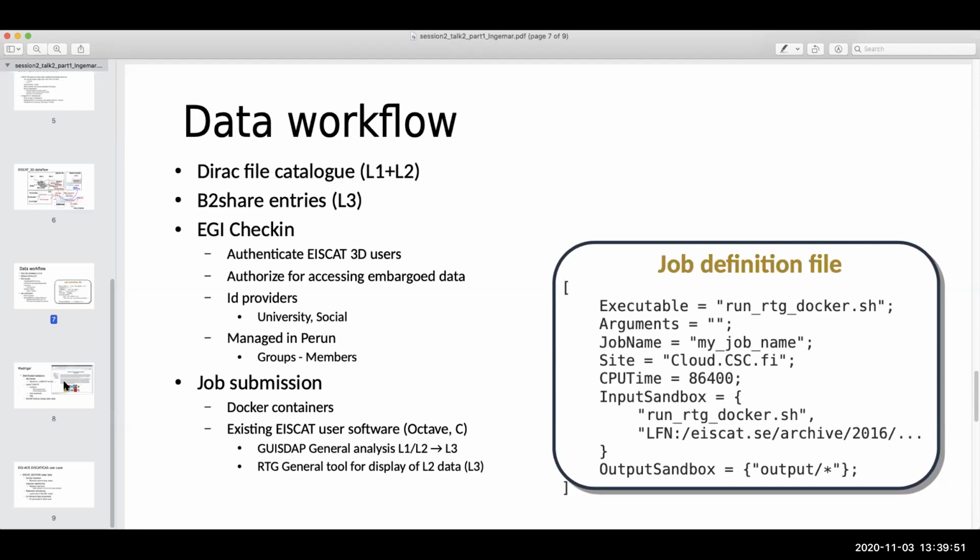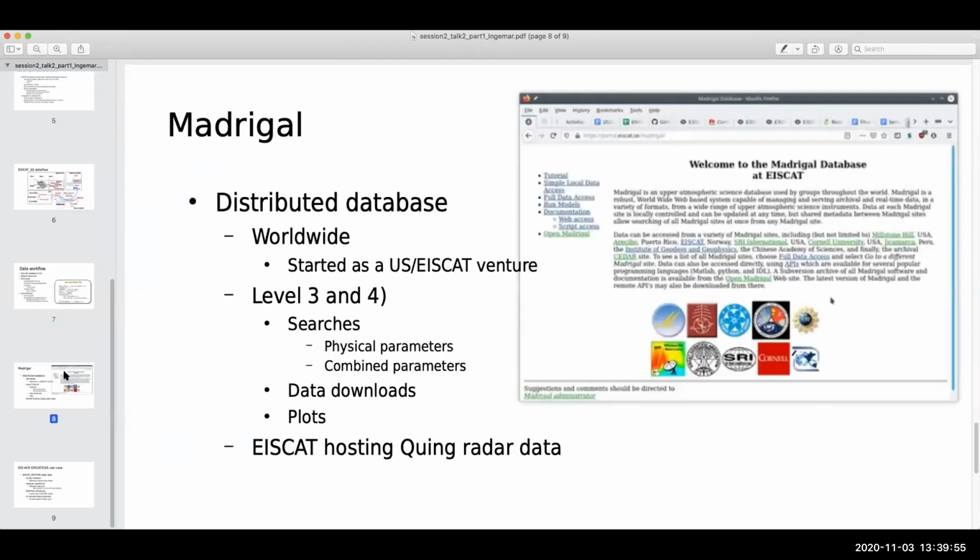Job submission, we can skip that. Here is an example of some job submissions. Yes, sorry. We have been working quite a lot on the US side. We started the Madrigal, which is the distributed database, together with the US about 15 years ago. It's a database for level 3 and 4 of the data.